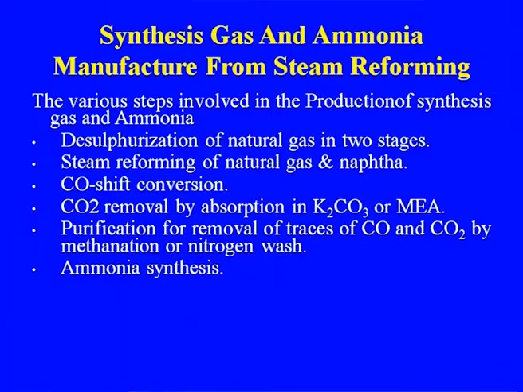So, CO shift conversion, CO2 removal by absorption in K2CO3, MEA, or methanol, then purification for removal of traces of CO and CO2 by methanation or nitrogen wash. In case of partial oxidation, nitrogen is available because they are using oxygen, so that nitrogen is used for removal of traces of CO and CO2 which may poison the catalyst, and then the final ammonia synthesis.